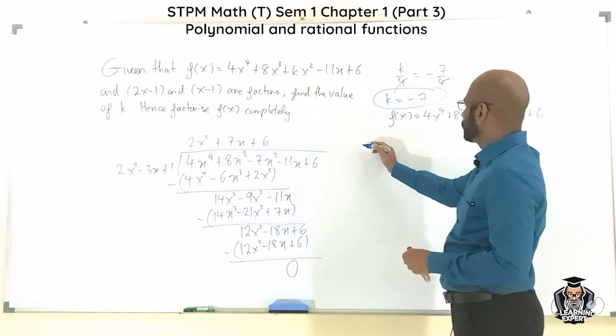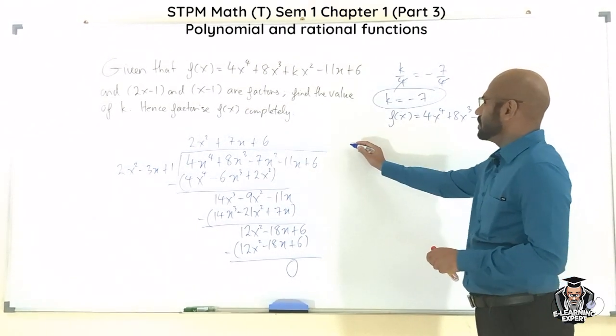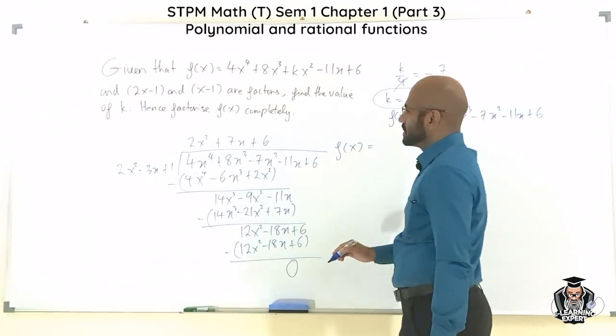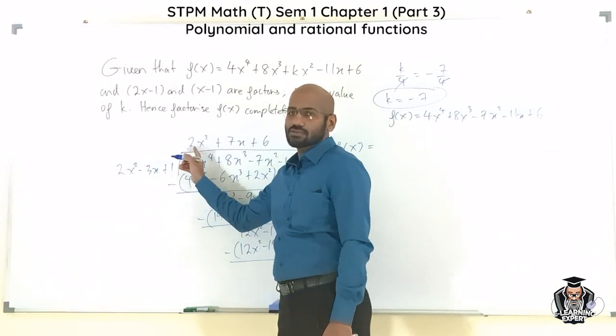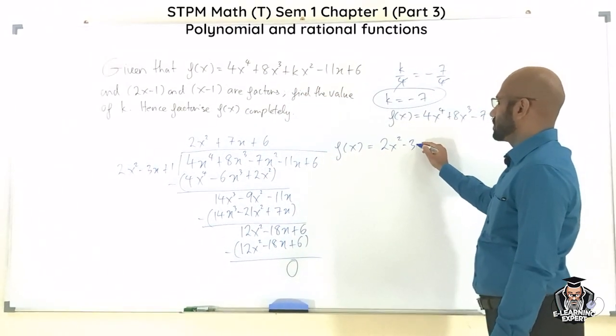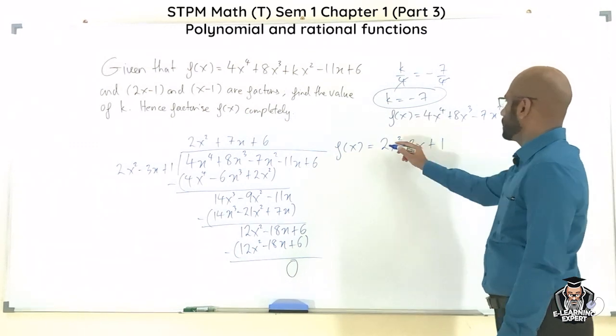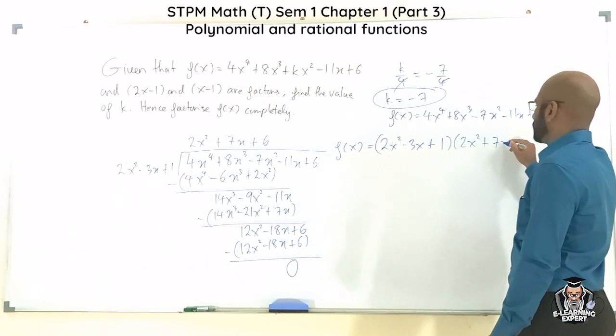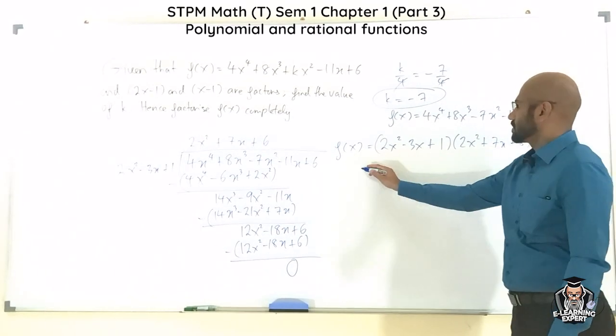So what are the factors for this? Over here we know that f of x, since we have 0 remainder, would be the product of these two factors. Would be 2x squared minus 3x plus 1 into 2x squared plus 7x plus 6.